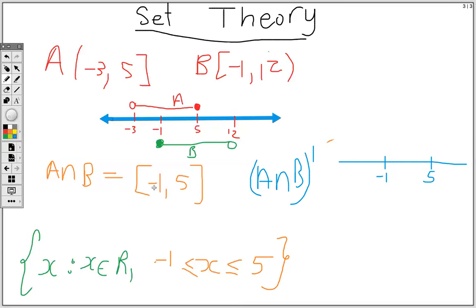Now at -1 and 5, we are using the end values. So I'm going to have the shaded region, and we connect. So this represents A intersect B. However, I'm asking for the complement. So if I need the complement, complement means everything outside the set.